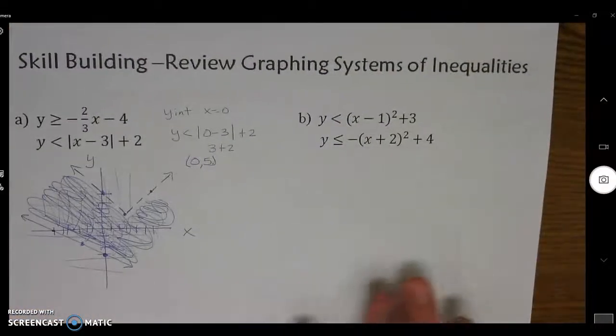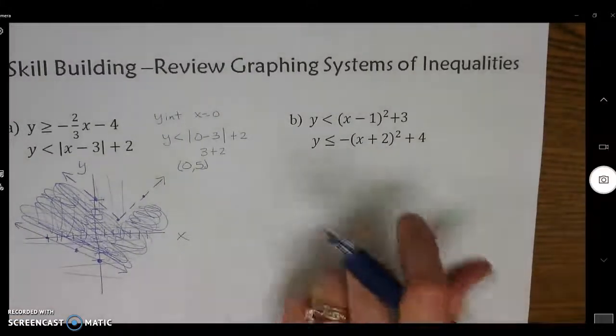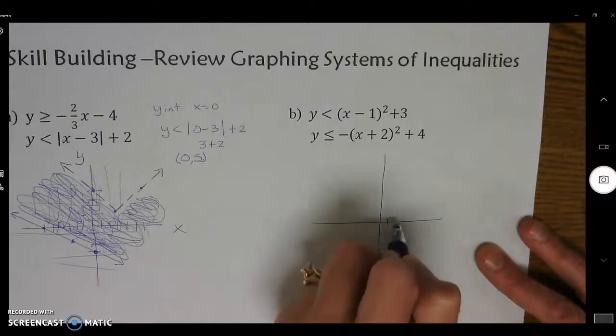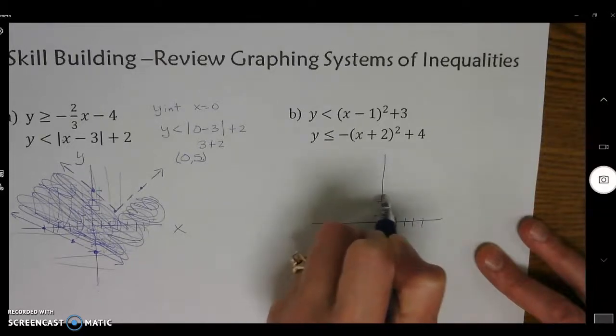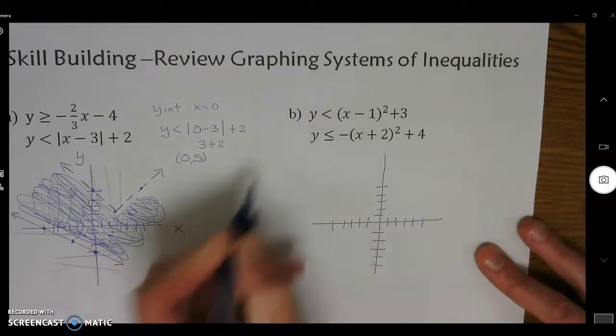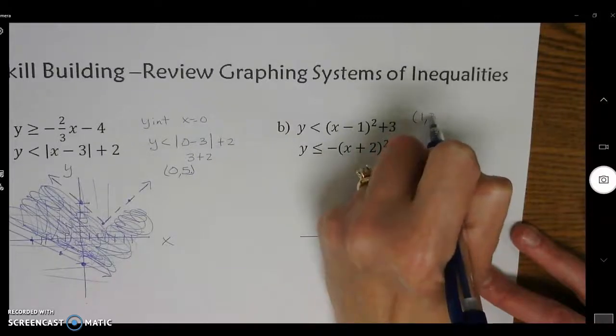All right, letter B. Same concept. This time we have parabolas. So 1, 3 is this one's vertex.